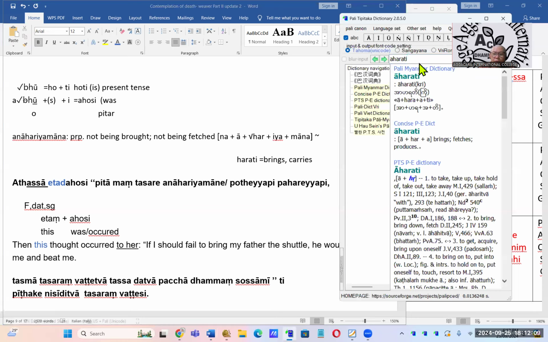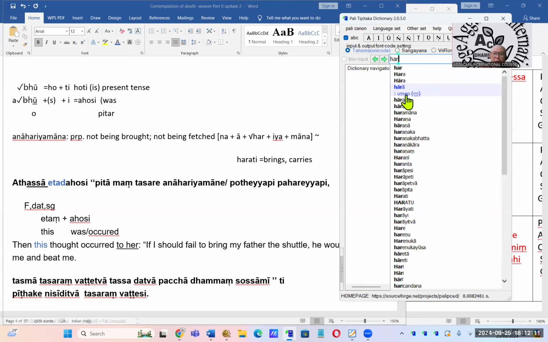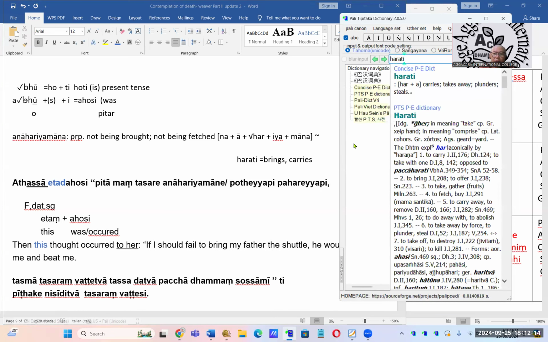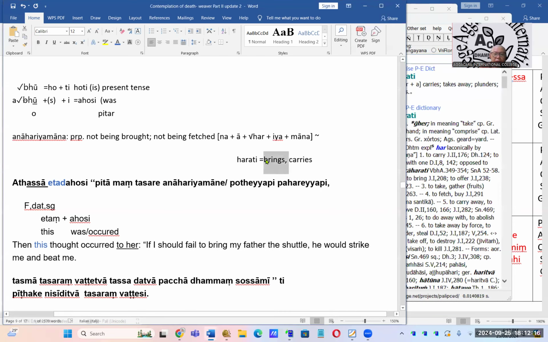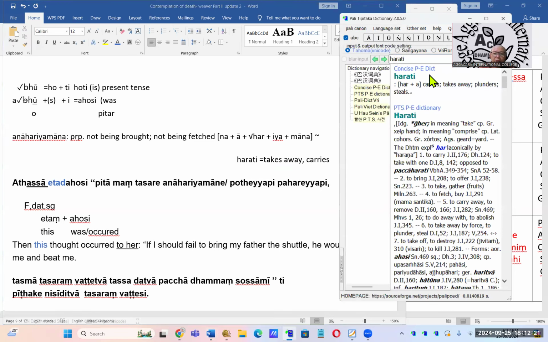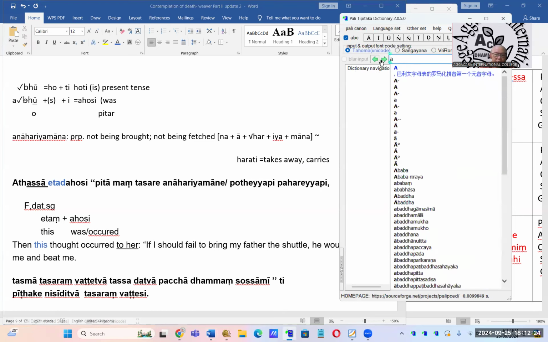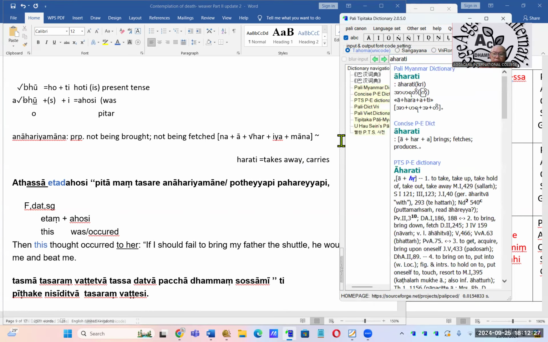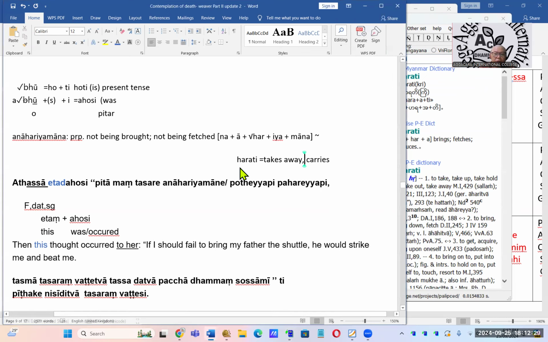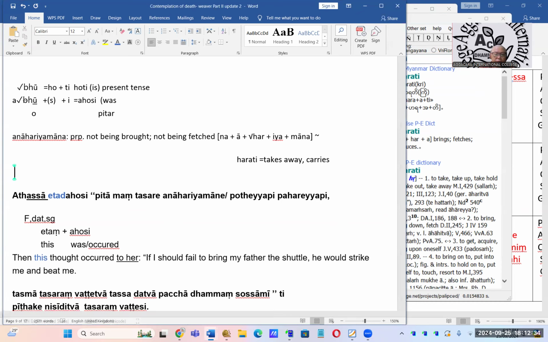Sorry, harati should be takes, takes away. And then aharati should be the opposite meaning: brings, fetches. So aharati means brings, fetches.